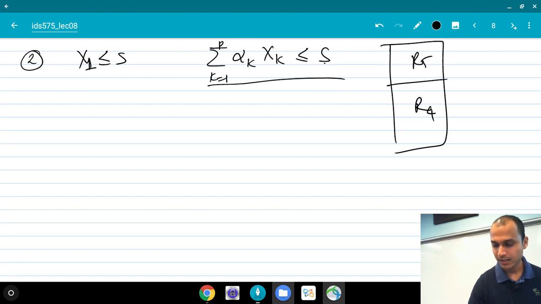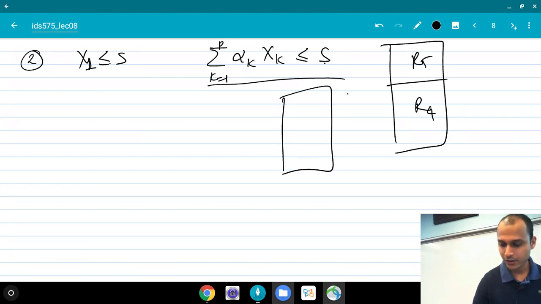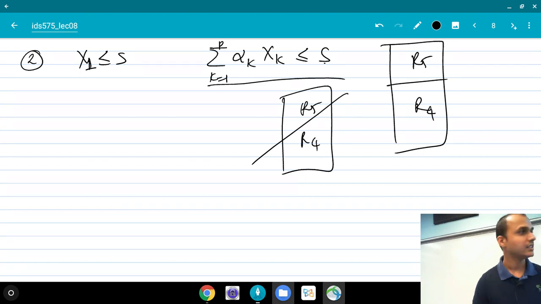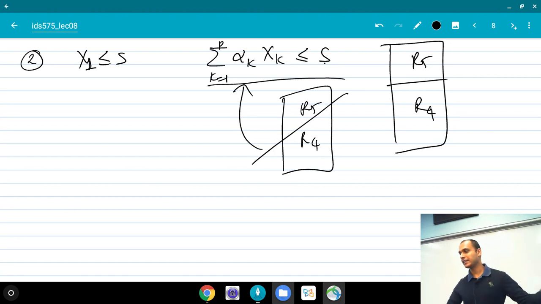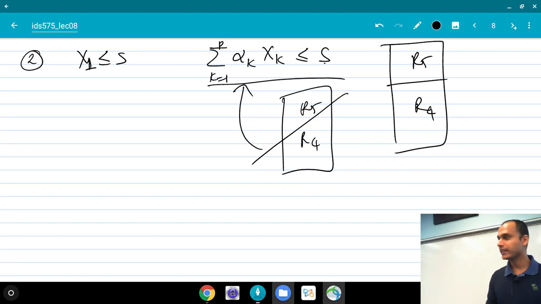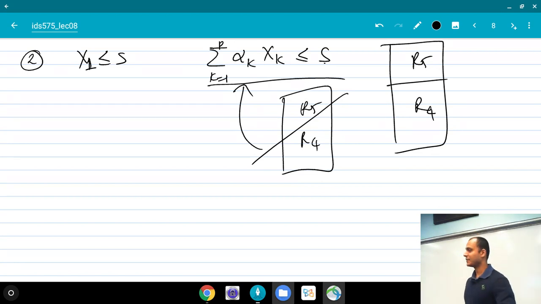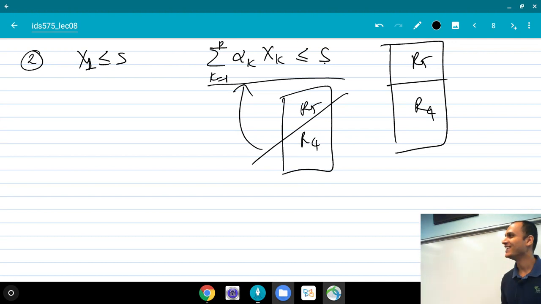Previously we were splitting into R5 and R4; you could split it like this instead. This could be R5, this could be R4. This type of line would be expressed as 5 times x1 plus 6 times x2 is less than something. You could do this computationally, nobody's going to stop you, but it just complicates things.